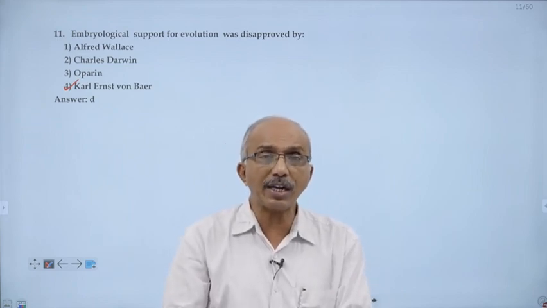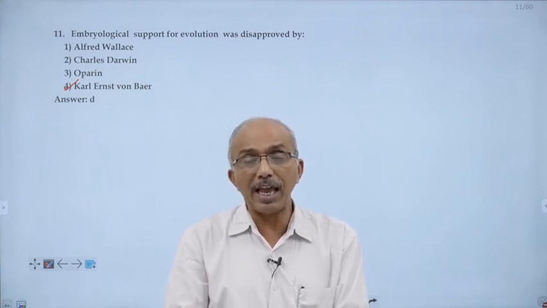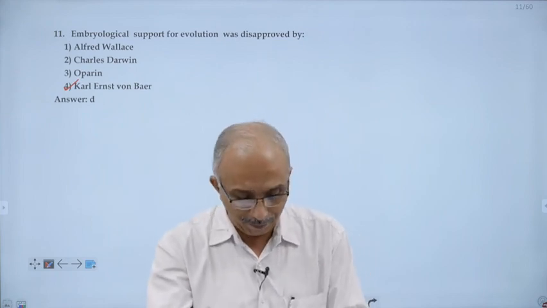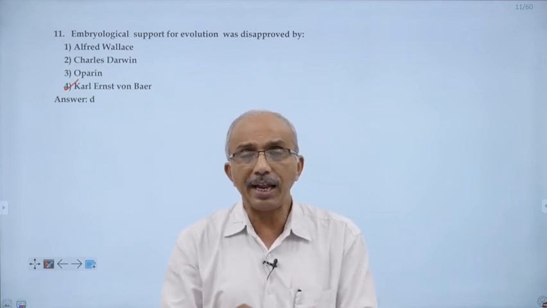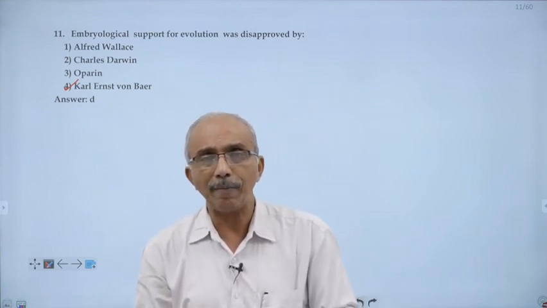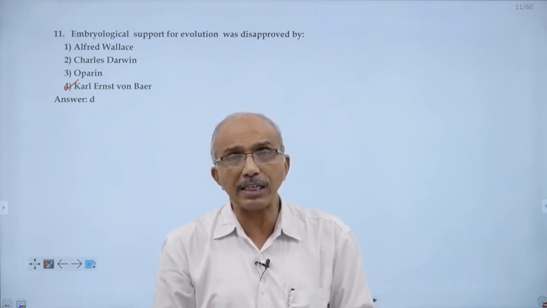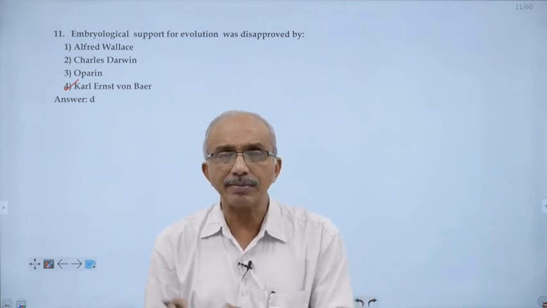This is what Ernst Haeckel said about the embryological evidence of evolution. He proposed a hypothesis: ontogeny recapitulates phylogeny. What is ontogeny? Development of an organism from zygote to adult.